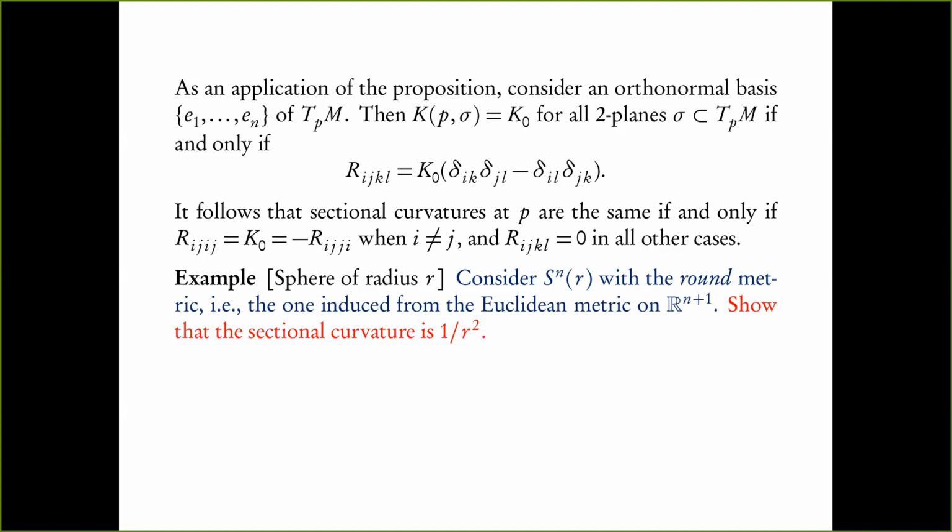But at the end of the day, you can show that the sectional curvature of a sphere of radius r is 1 over r squared, a constant, independent of the two-plane and of the point. So this is a prototype for spaces of constant positive sectional curvature.